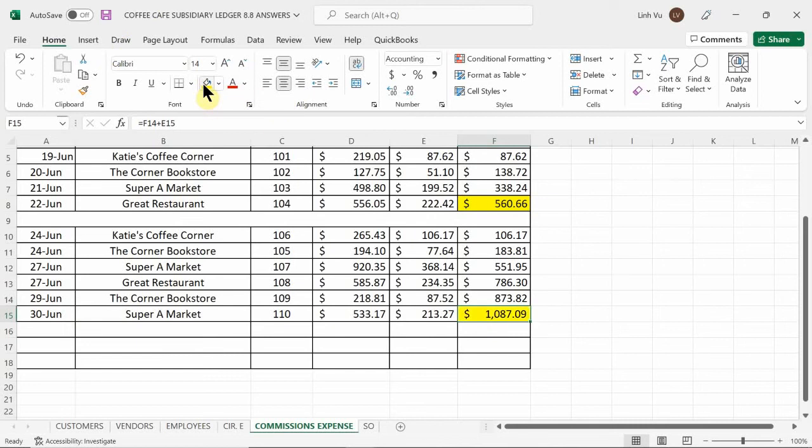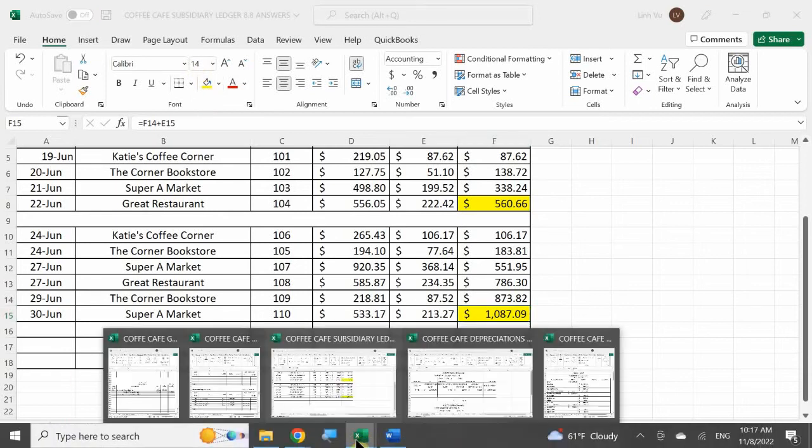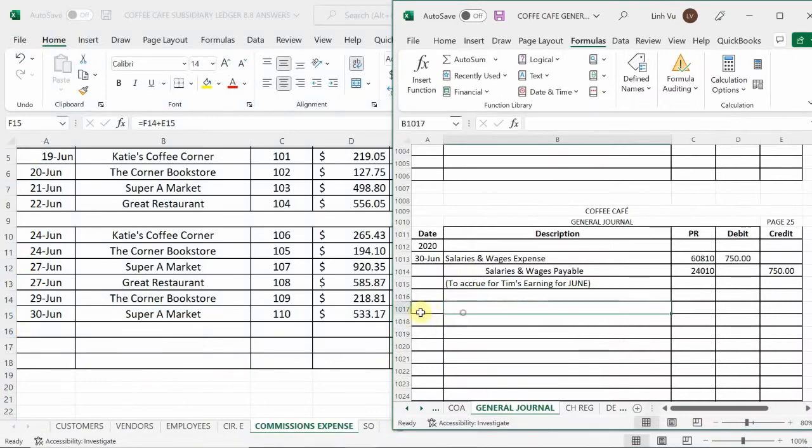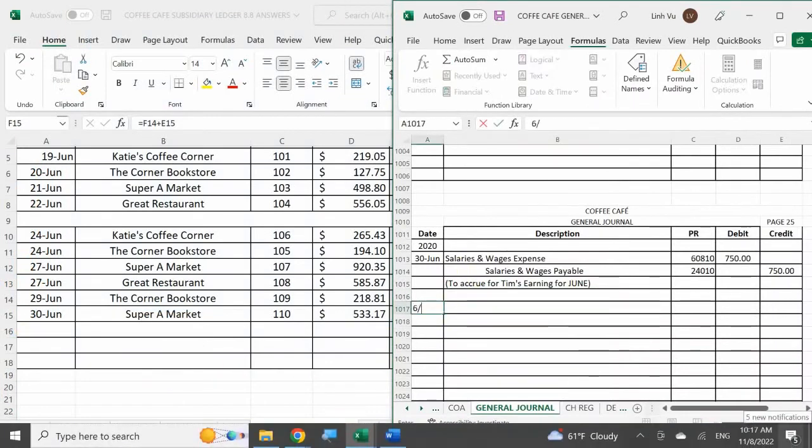So he did very well this week. So I have to put that $1,087.09 into commissions expense, because I have to accrue the commissions.